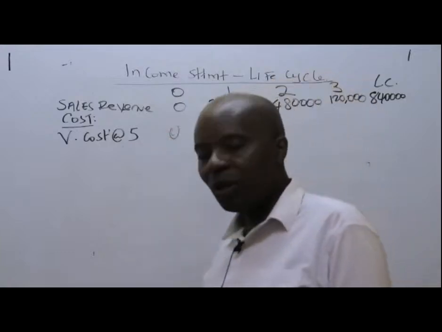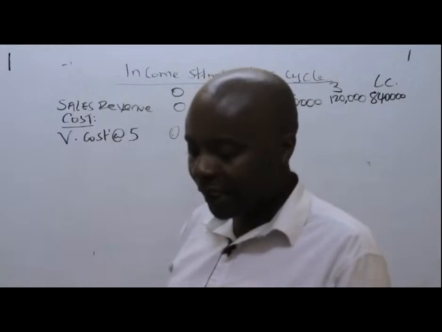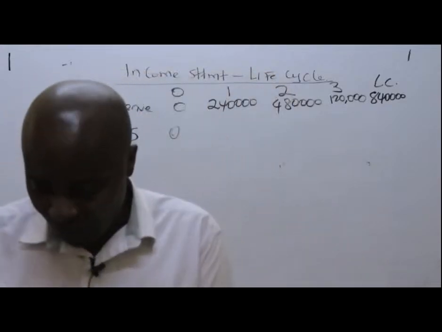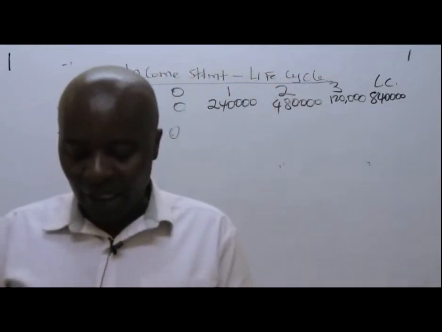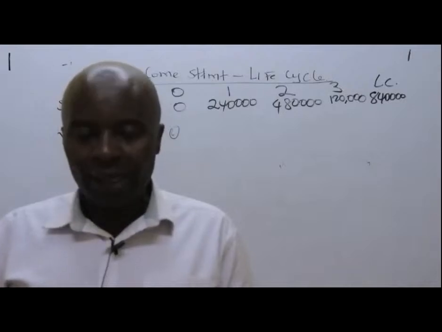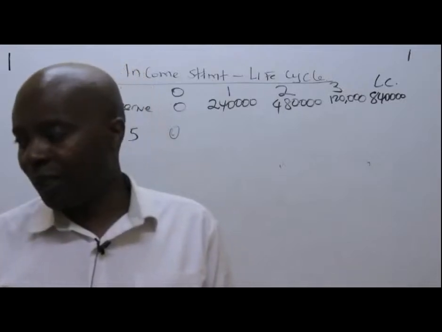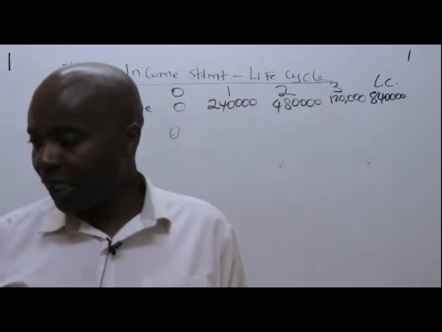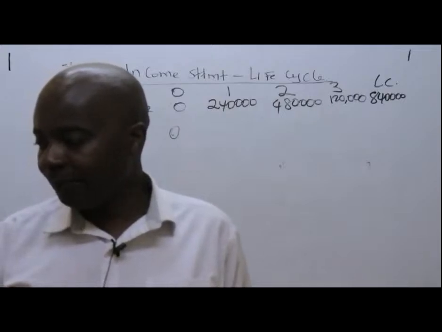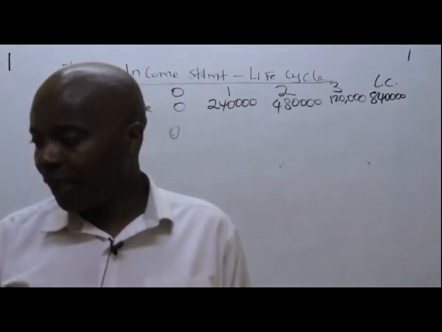Year 1 units are 80,000, so 80,000 units times 5. That will give us what figure? Please give me an answer.